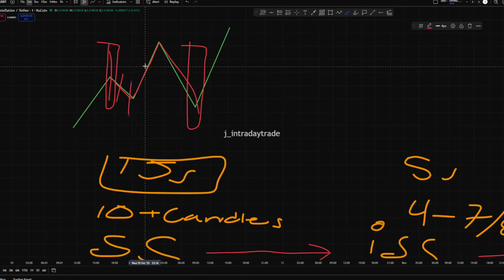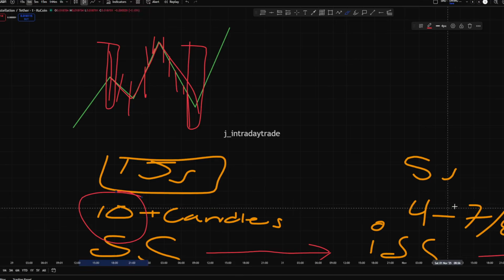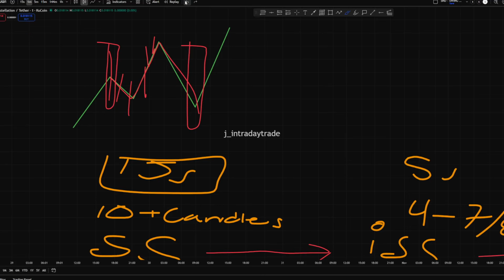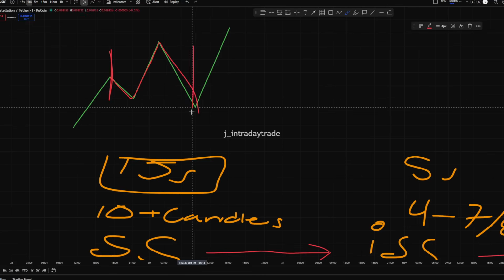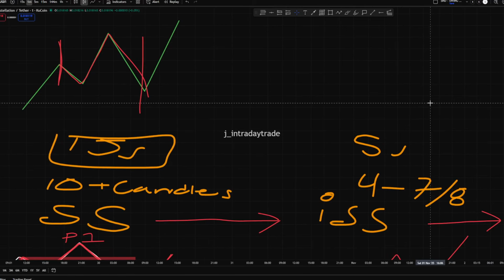So we count everything inside of here. That will be the measurement for the amount of candles on each specific one. So you always start the count from this area to this area. That's your measurement. Why? Don't ask me why on that, because it's just the way it goes.